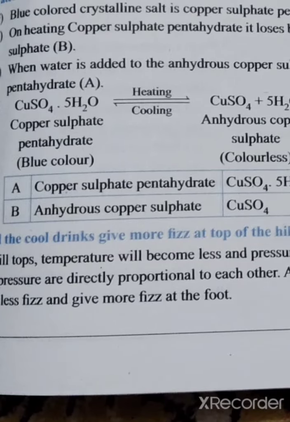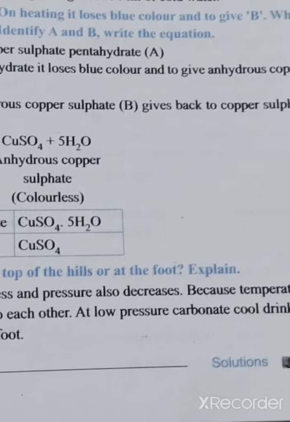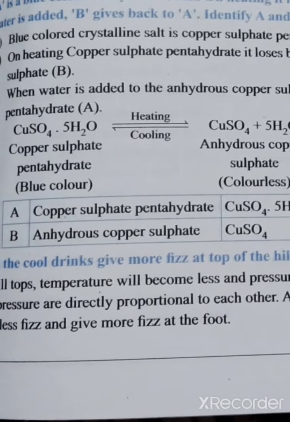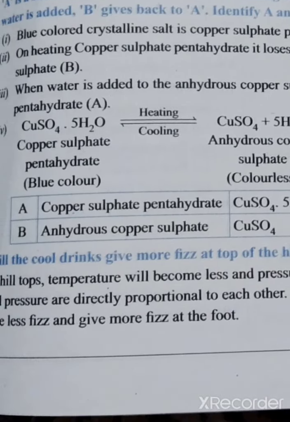At the hill station the pressure is less, so it is going to give less fizz. But at the foot, at the bottom of the hill, pressure is more, so the carbonated cool drinks are going to give more fizz at the bottom.